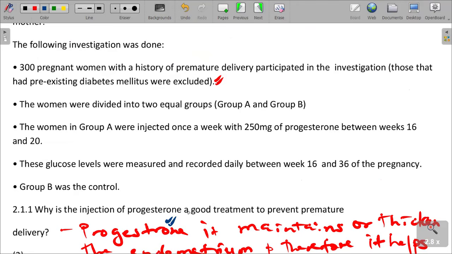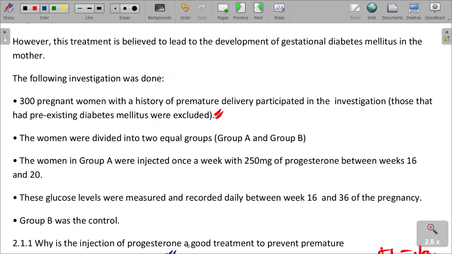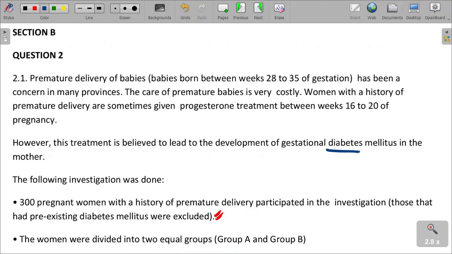This treatment is believed to lead to development of gestational diabetes mellitus, which is caused because there is progesterone treatment.